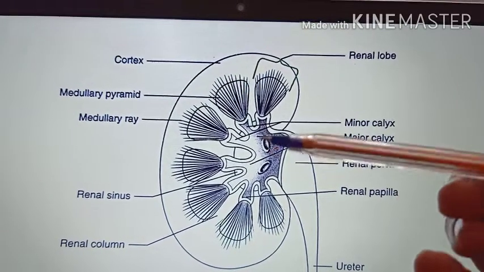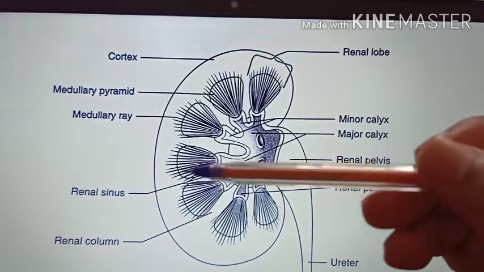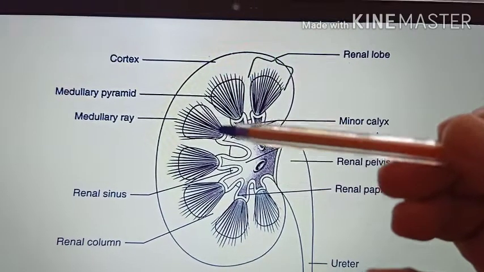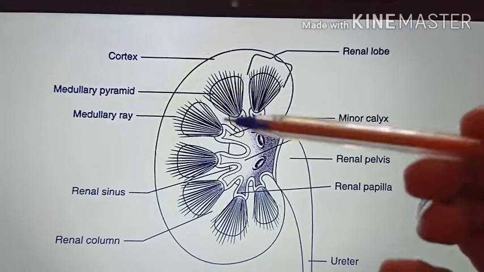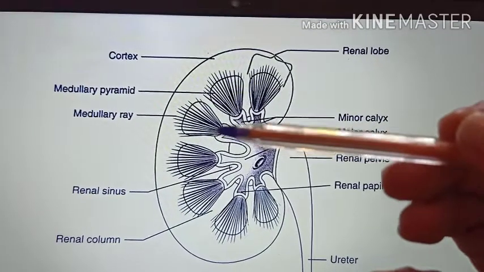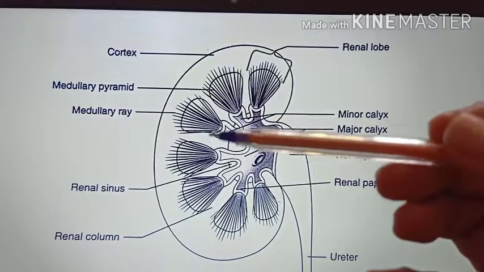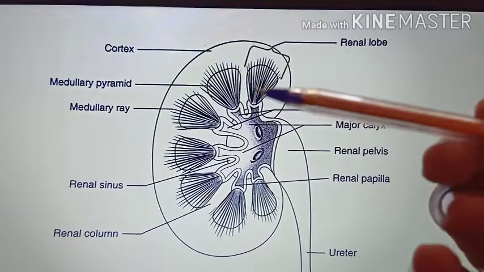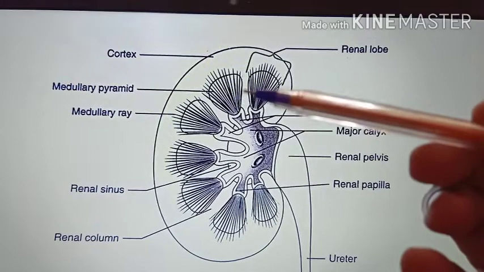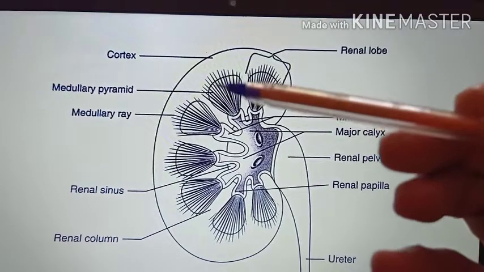The pyramid shows striations. These are the striations that pass radially towards the apex. There are thin projections of medulla from the bases of the medullary pyramids.